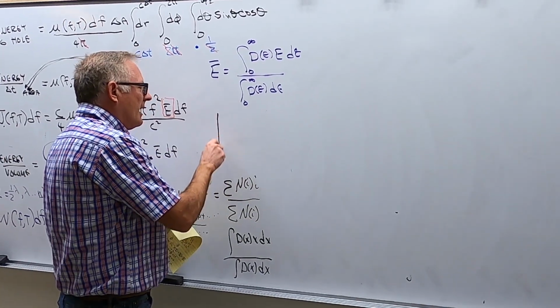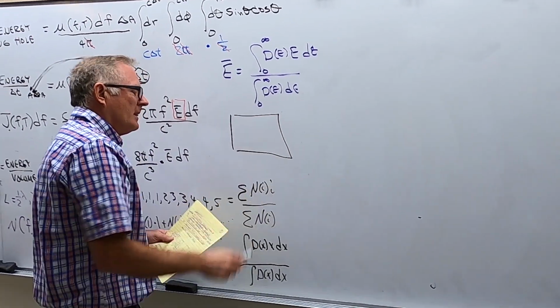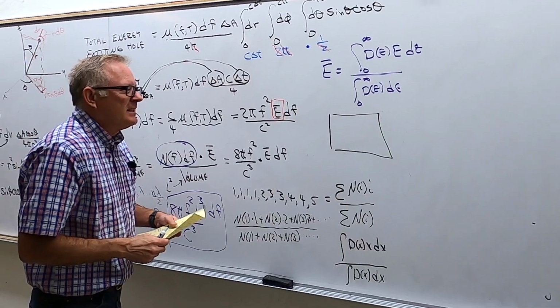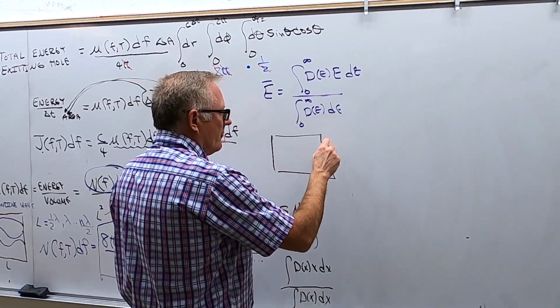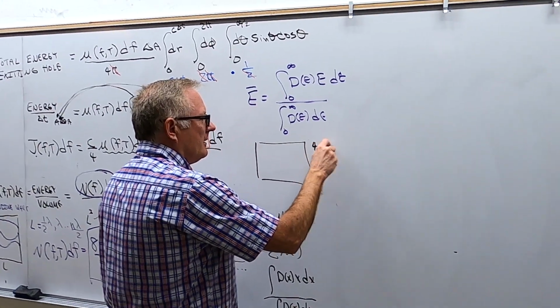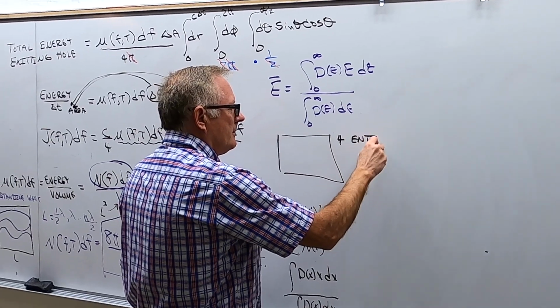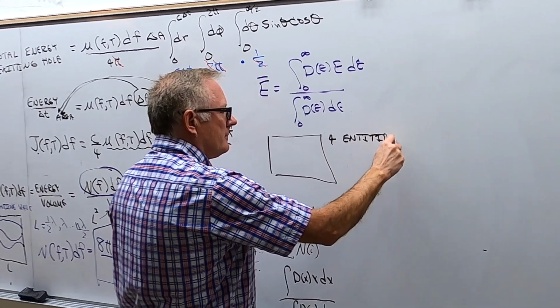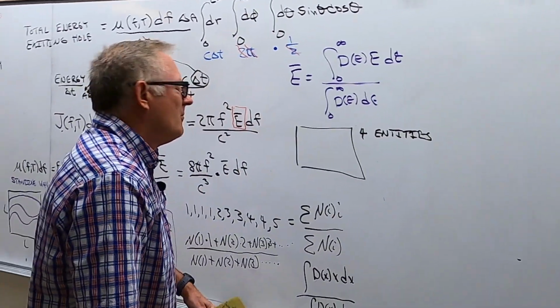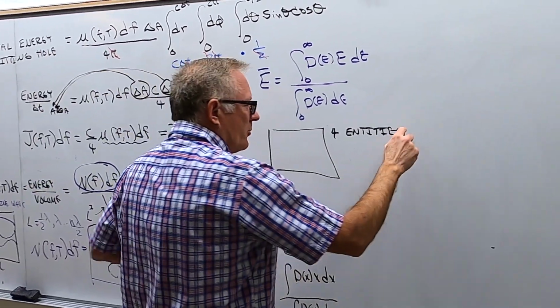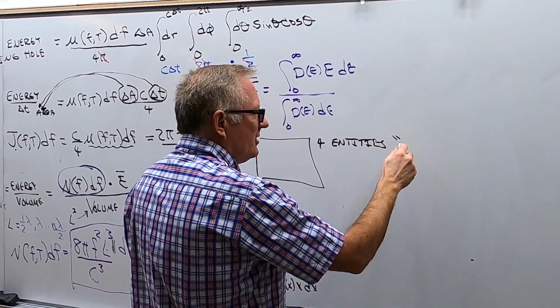Suppose we have a box right here. Just to make life really simple, let's say we have 4 items in there, four entities. They could be, let's just say they're springs, something that has energy.